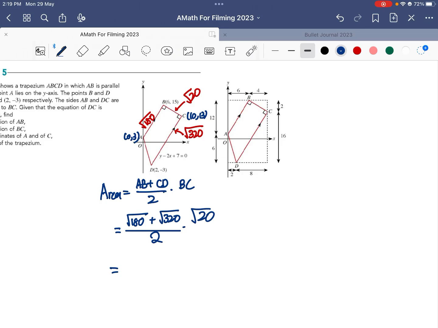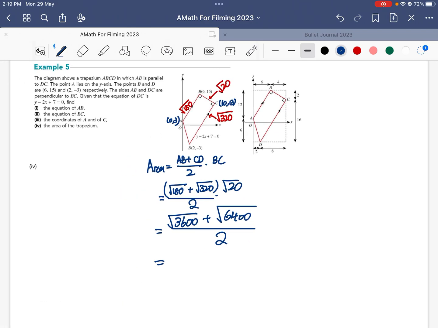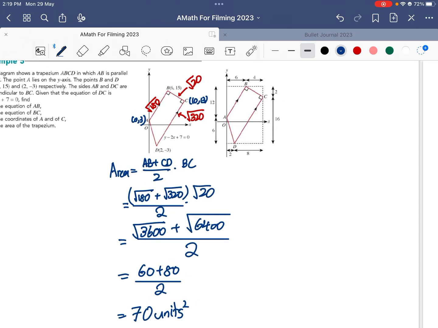Then I multiply in the square root of 20, so I get square root of 3600 plus square root of 6400 divided by 2. Then what I get is 60 plus 80 divided by 2. So 60 plus 80 divided by 2, I will get 70 units square. Okay, that is one way.